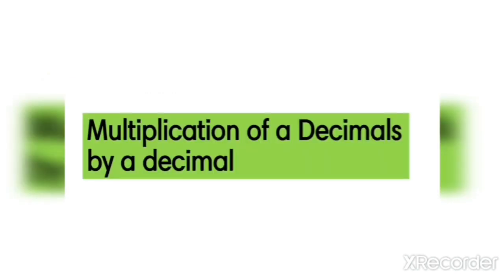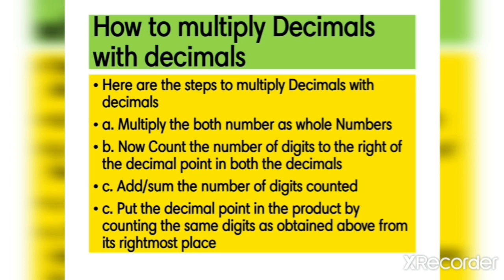Multiplication of a decimal by a decimal. We have learned about multiplication of decimal by whole number. After that, let us learn about multiplication of decimal by a decimal. How to multiply decimals with decimals? Here are the steps. First, multiply both numbers as whole numbers.